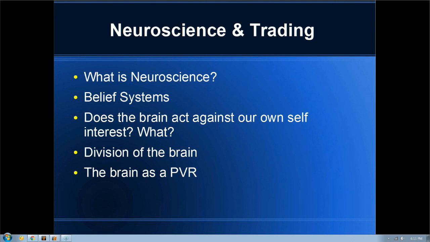Now, it's interesting that that statement may have been just a theory 30 years ago: that what happens to you when you're 1 year old can still be affecting you when you're 50. For many people, it may have seemed ridiculous, like pop psychology, much like the question, does our brain act against our own self-interest?